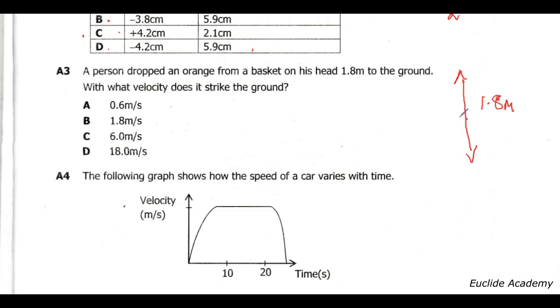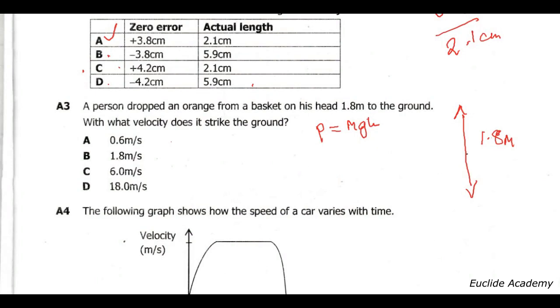So here we're talking about potential energy and kinetic energy. So we have the potential energy when the orange was on his head is equal to mgh, right? And we know that this potential energy is then converted to kinetic energy, right?